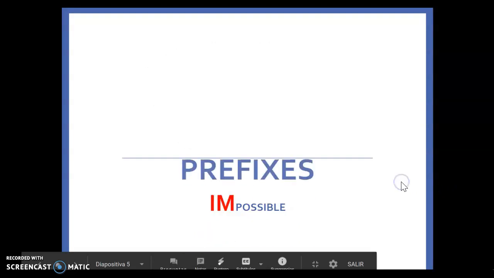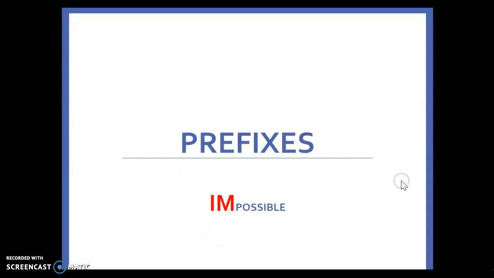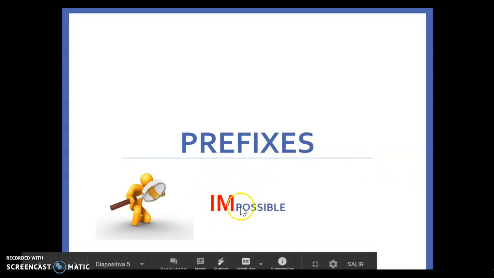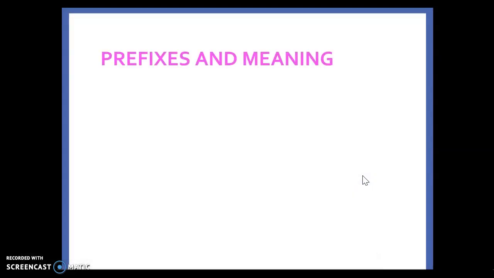Well, here we're going to analyze the prefixes. In this case, I've chosen the word impossible, and I've highlighted the idea of the prefix here. But let's see. When speaking about prefixes, we can analyze the meaning or the stress pattern.